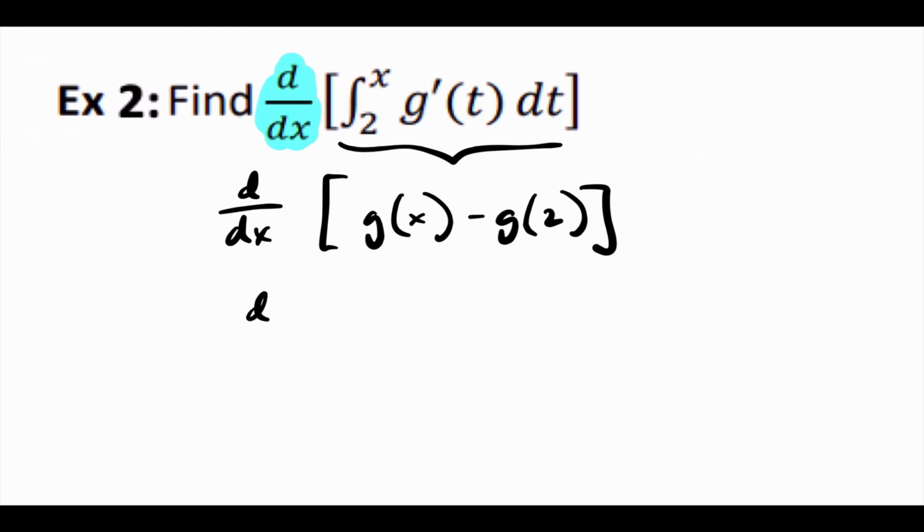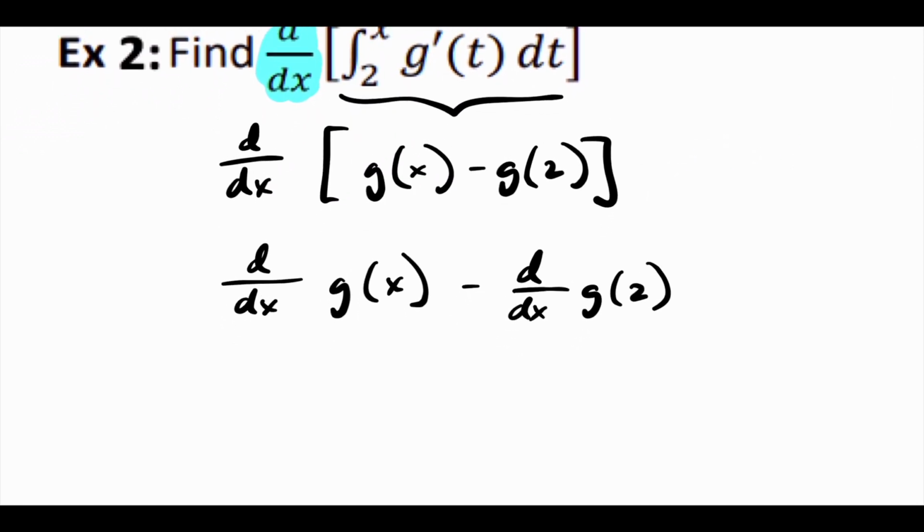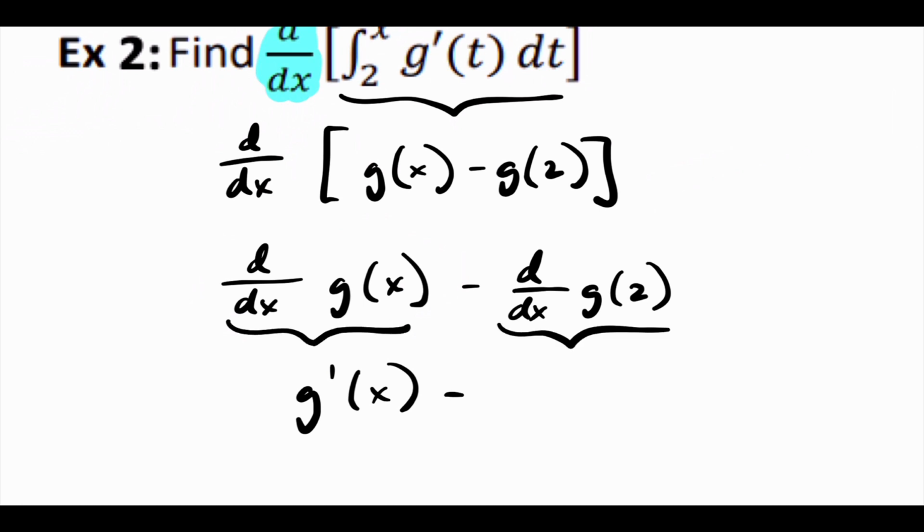So I'm going to find the derivative of g of x, and then I'm going to find the derivative, not d, of g of 2. Okay? So let's do this one part at a time. What's the derivative of g of x? G prime. Minus. So this guy goes here, and that guy goes there.